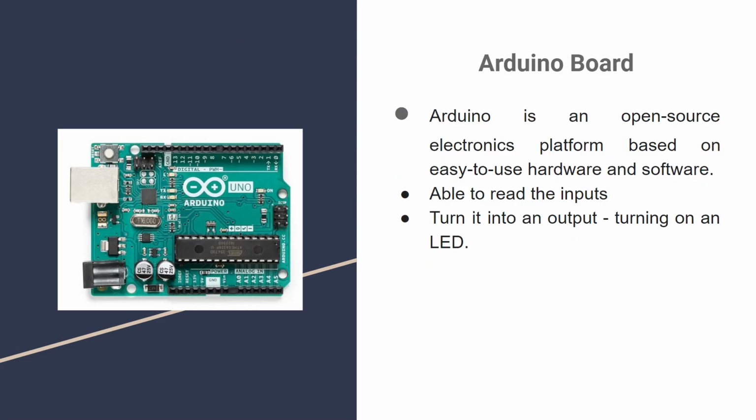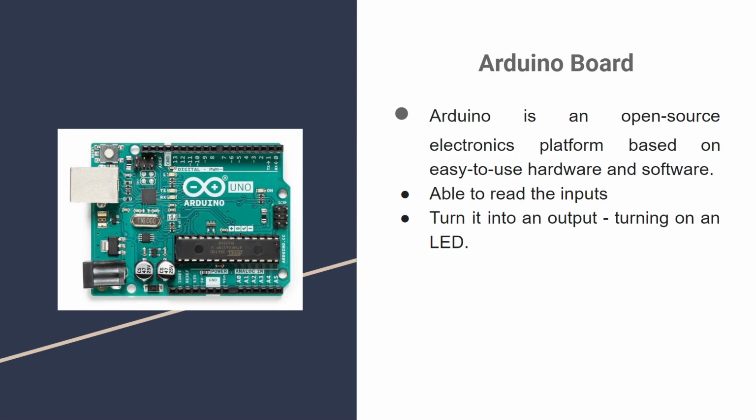The second product that we use is the Arduino board. The Arduino board is an open source electronic platform based on easy to use hardware and software. When we get the data from the user when they fill out the form, the status will be sent to the Arduino board, and the Arduino board will send it to the IR sensor.